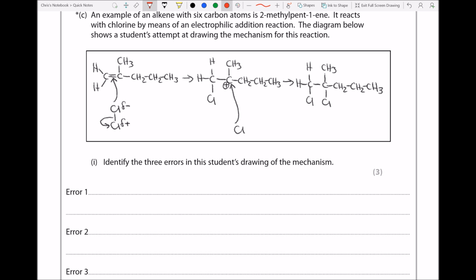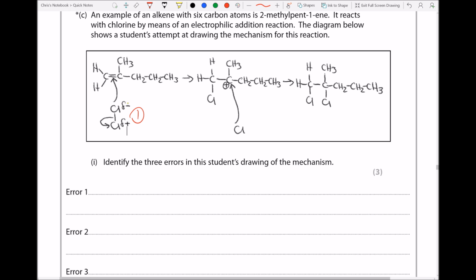So we're going to look at error 1. Now the first error I can see is this. I'm just going to put a 1 there. This bit here, if you look at this chlorine molecule, really this is an induced dipole. So when this chlorine goes near an area with loads of electrons, like the double bond, the electrons move away from the double bond because you get repulsion.